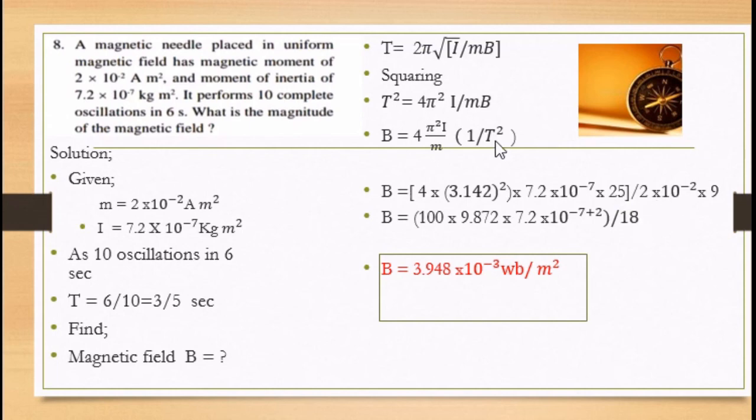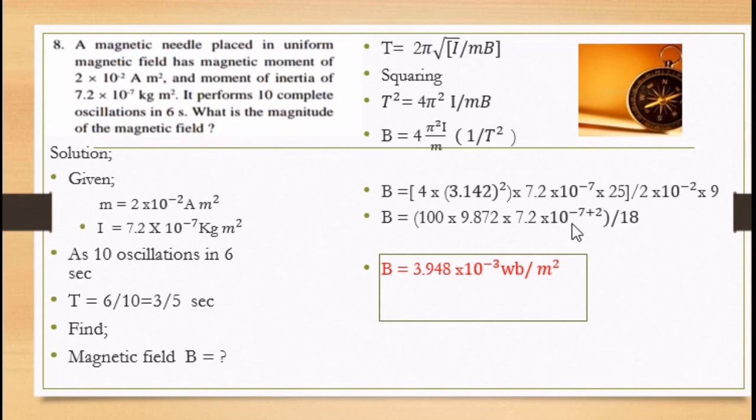Now let us put the value of this T square. T is 3 by 5, and the reciprocal of it is 5 by 3, the square of it is 25 by 9. So the numerator has 25 and the denominator has 9. Then this 4 into this 25 gives you 100. The square of pi is 9.872.